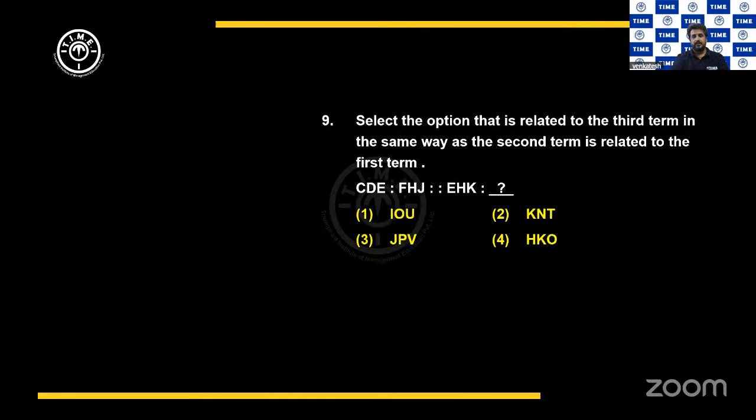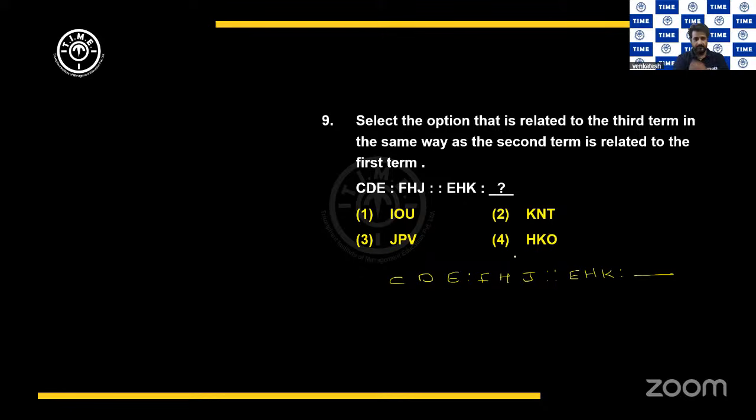Select the option that is related to the third term in the same way as the second term is related to the first term. Okay. What are the letters given here? C, D, E is to F, H, J proportion E, H, K is to dash.